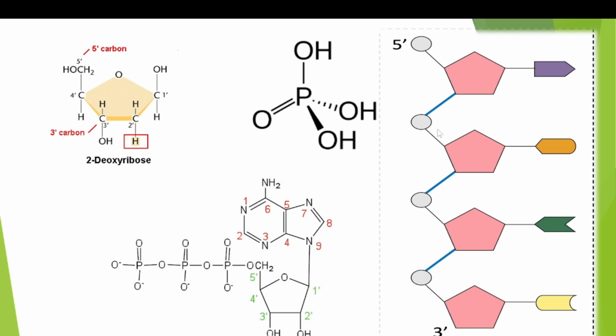Another thing is that prime is given in order to avoid confusion or ambiguity between the positions of nitrogen bases and sugars. So we represent the ends based on sugar positions. This is the basis for representing DNA ends as either 5 prime or 3 prime instead of 5 and 3.